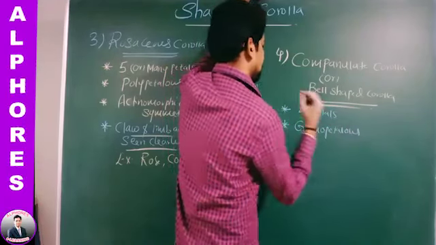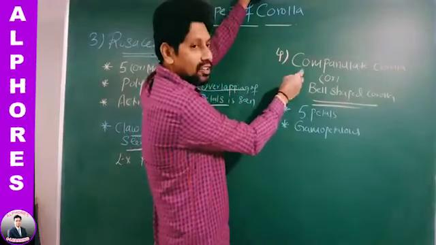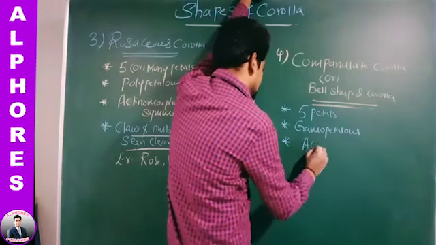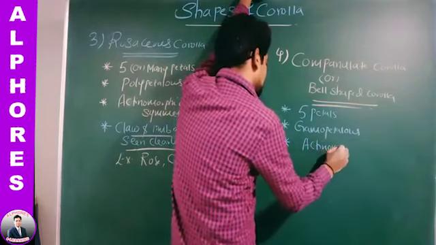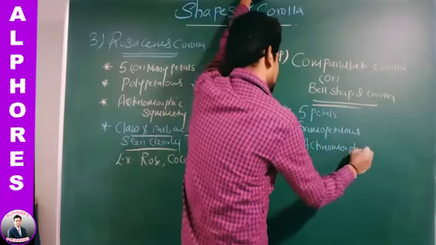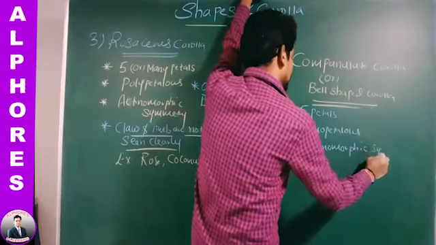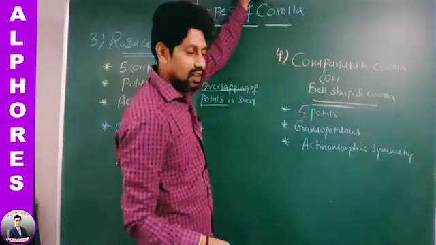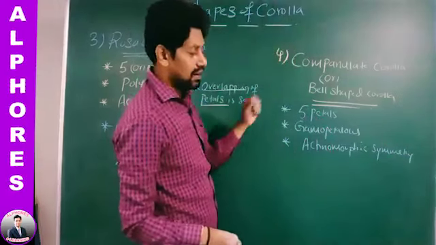This campanulate corolla is present in a flower which shows actinomorphic symmetry. Just now I told you 5 petals are present.